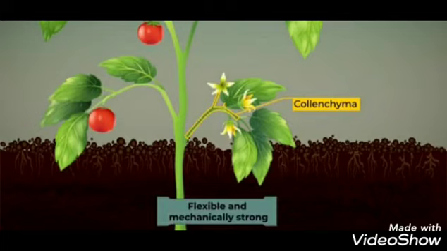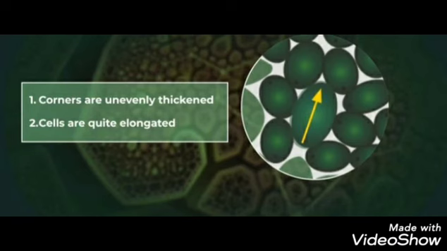Because of these tissues, plants can withstand heavy rains and winds. Its cell wall shows localized thickenings, which can be at the angles of the cell or tangential walls or between the intercellular spaces between the two cells of these tissues.